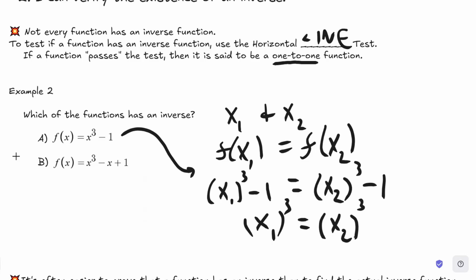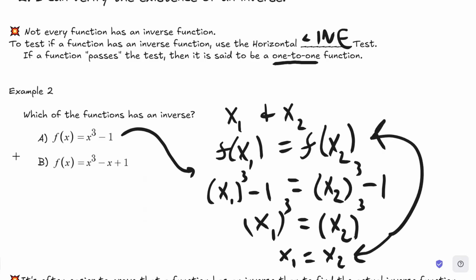And then take the cube root of each side, you would have x1 equals x2. What this means is that f of x1 is going to equal f of x2 only if x1 equals x2. So since x1 has to equal x2, it follows that f is one-to-one. And since it's one-to-one, you can conclude that that function must have an inverse.